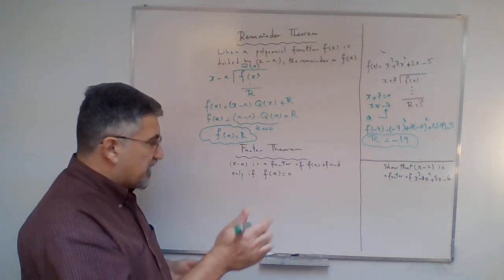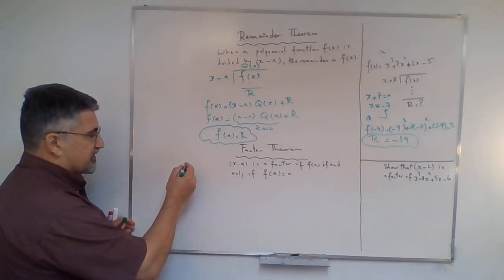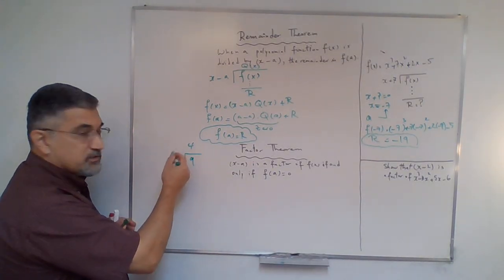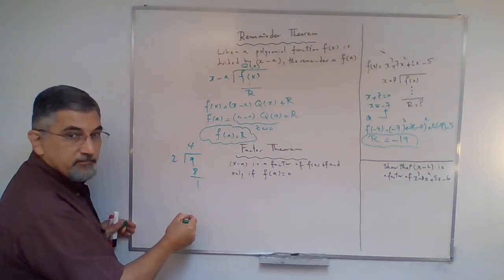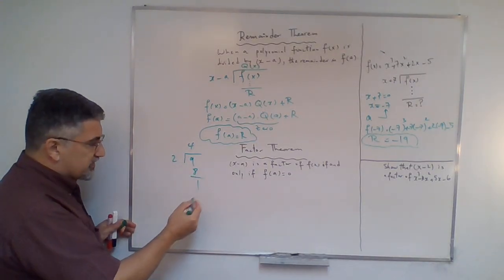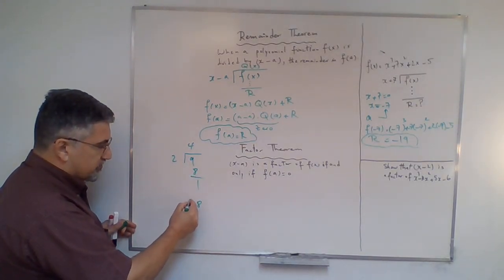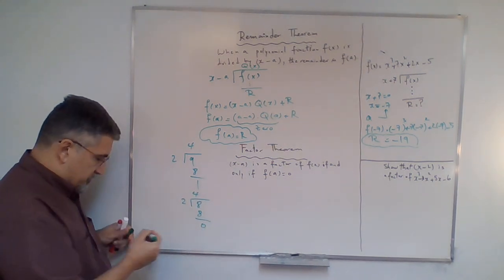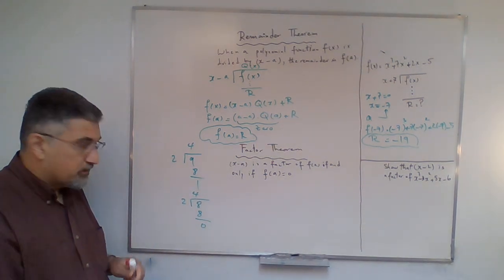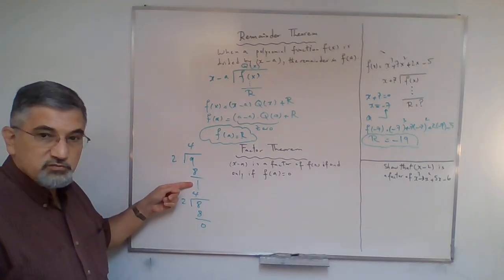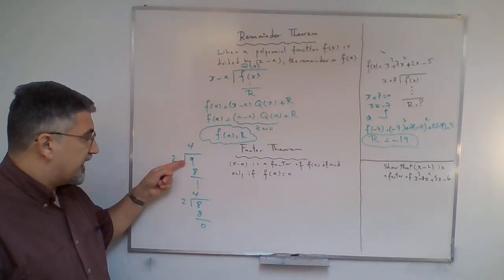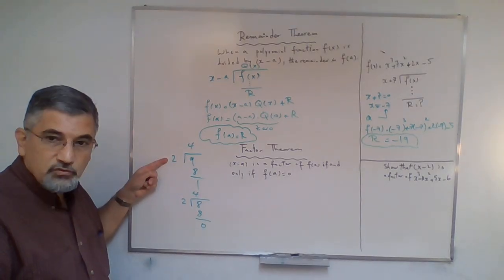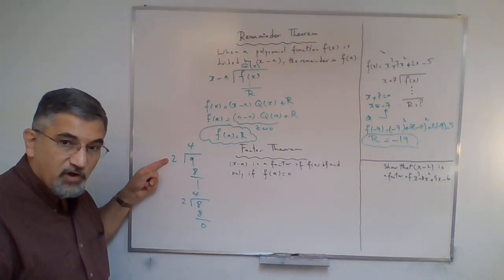See, in the past lecture, I gave you this example. I said 9 divided by 2 is like 4 times. 4 times 2 is 8, remainder 1, right? Now, if I say 8 divided by 2, it's going to be 4 times, but this time the remainder is going to be 0, right? So here the remainder is 1, it's not 0, and 9 is not divisible by 2, and 2 is not a factor of 9.